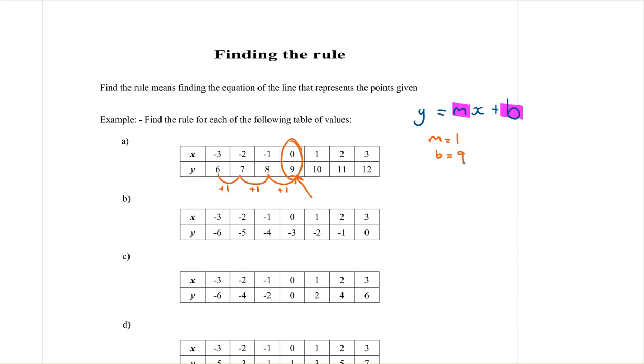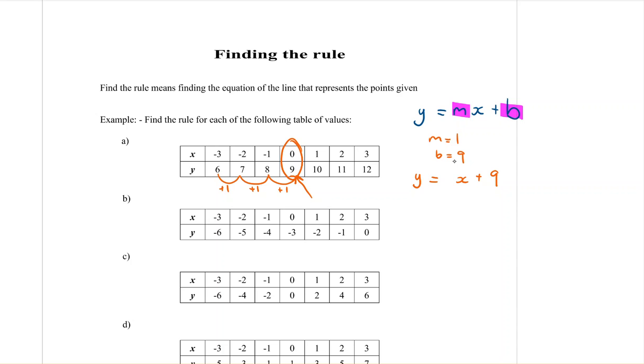So the equation of my line is going to be y equals, m is 1, so 1x, plus b, which is 9. Now, if we have a 1 in front of an x, we know our algebra, we don't normally put 1s in front of x's, we would just say x. So the more simplified way to write it is just y equals x plus 9. If you put the 1 there, you're still correct though.